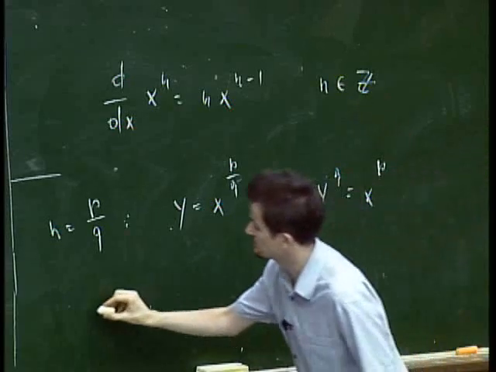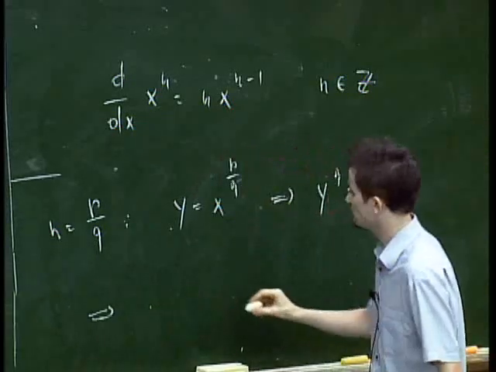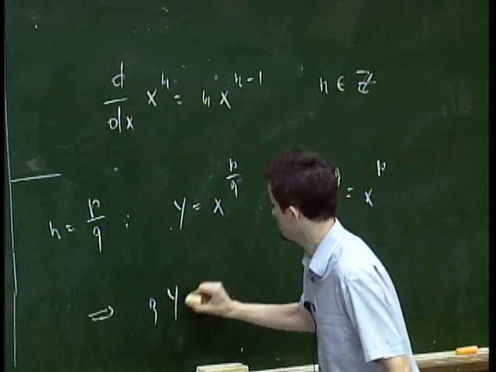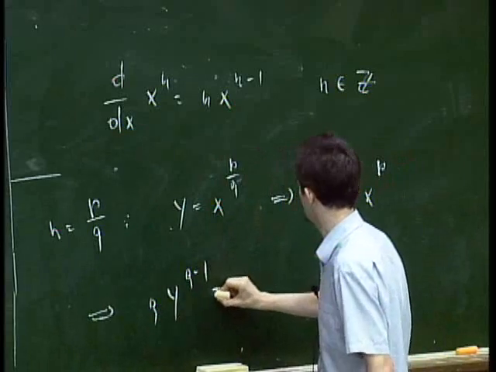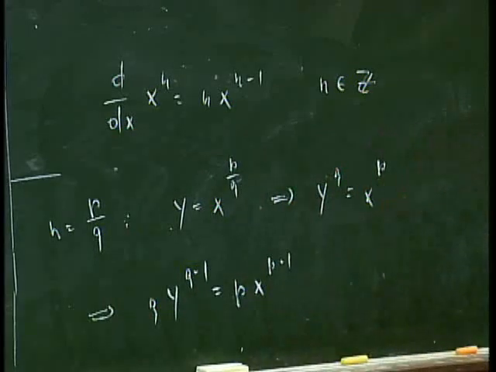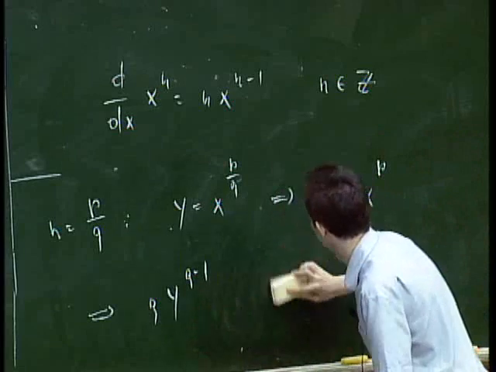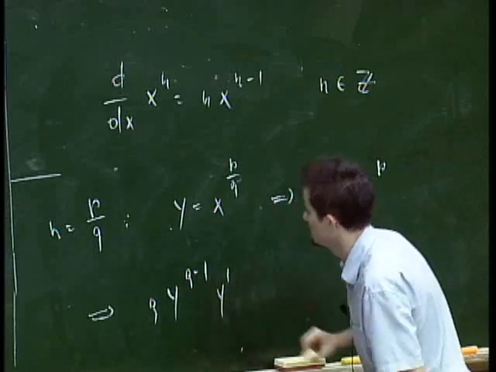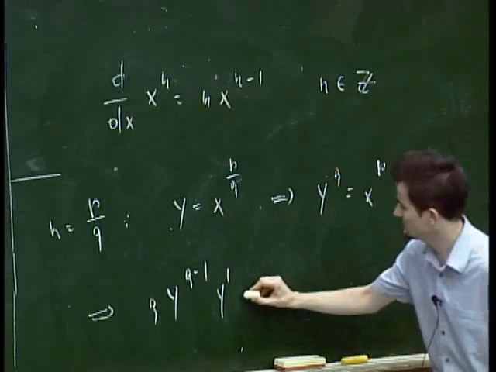If we take derivatives on both sides, you have q y to the q minus 1 times y prime is equal to p times x to the p minus 1. Sorry, there is a derivative missing.